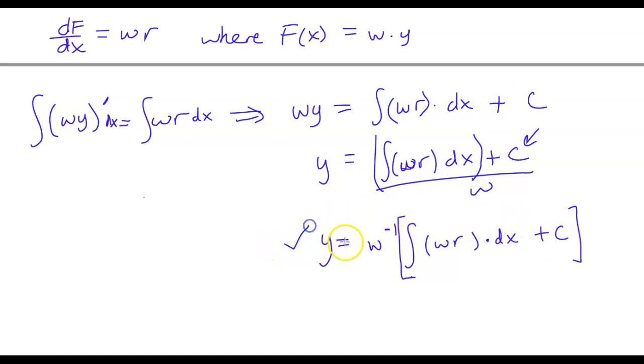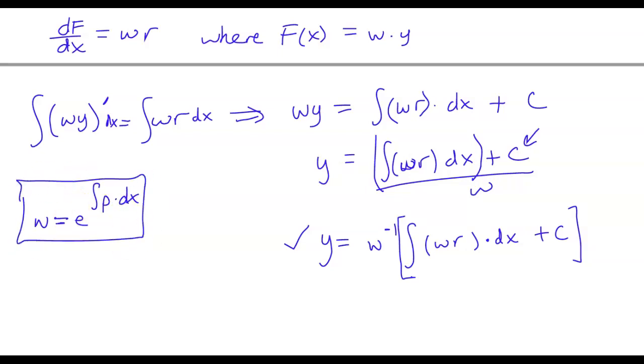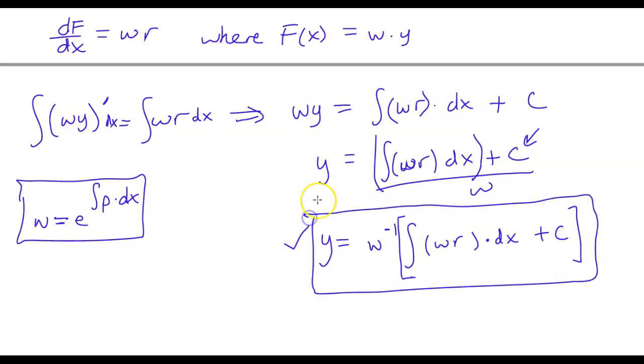And so this is the formula way that I was talking about, that we can actually solve these types of equations. But note that our w, which is our integrating factor here, would be e raised to the integral of p dx. And so if we did it the formula way, we would have to remember these two things, okay?